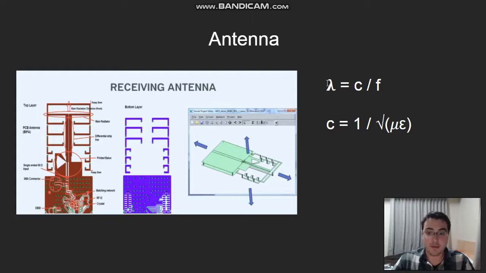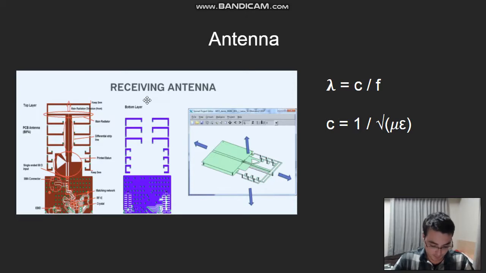Well, the wavelength is determined by your C over F. And your C is determined by the permeability and permittivity of the actual substance that the board is placed on. So knowing these factors, we can determine what length the antenna needs to be so the frequencies that it wants to receive can be optimally gained.